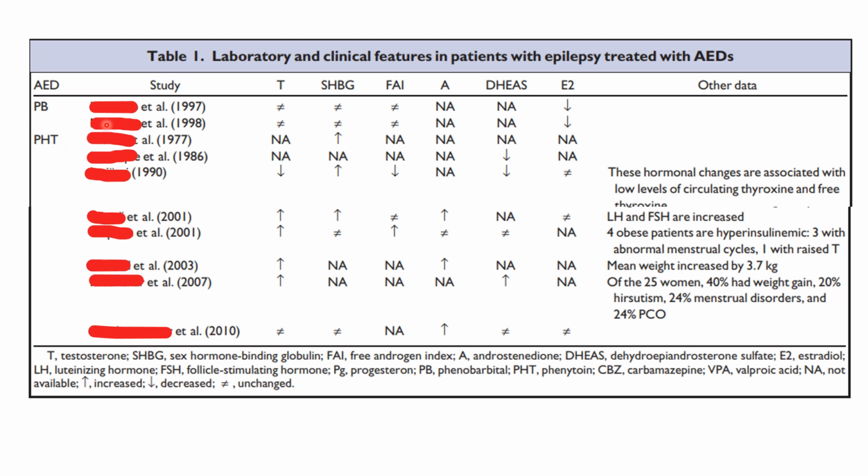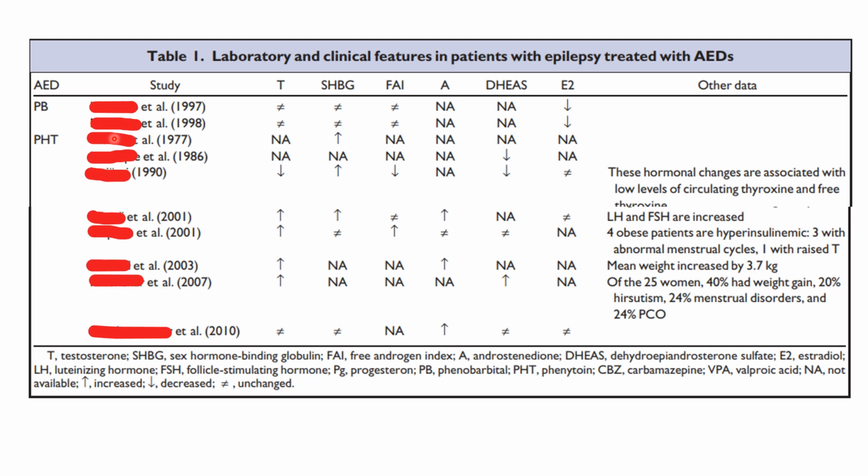So now we are trying to understand what this table is saying, and this is what will be expected of you if somebody shows you the table and asks what this table is telling you. First of all, this table is about laboratory and clinical features in patients with epilepsy treated with anti-epileptic drugs.